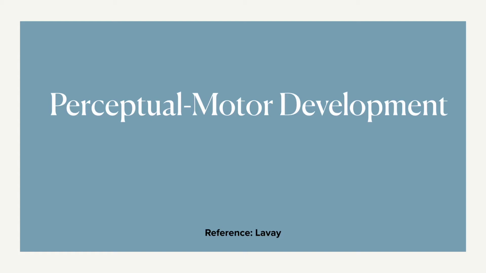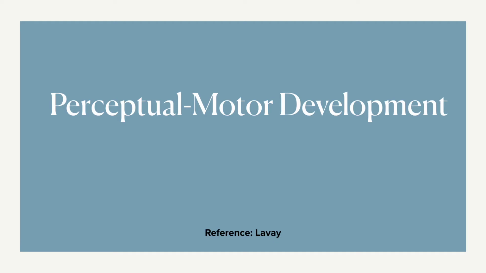Okay, so another topic that we need to go back to is perceptual motor development. Perceptual motor abilities, we need to understand how we acquire skills through perceptual motor development, because some deficits can occur, and these deficits will lead learners to have difficulty in acquiring certain skills.